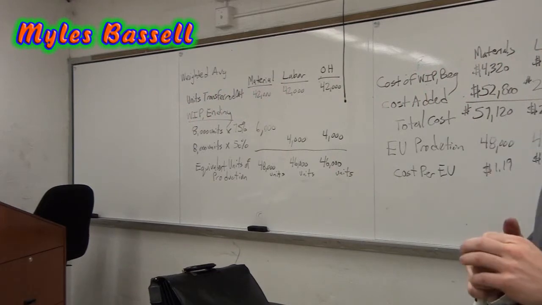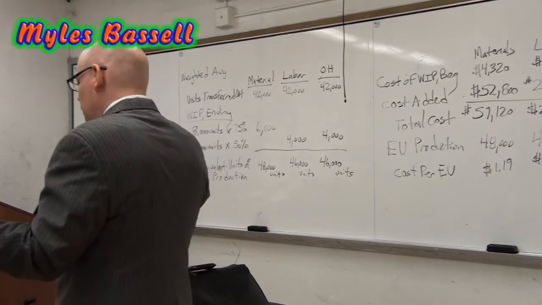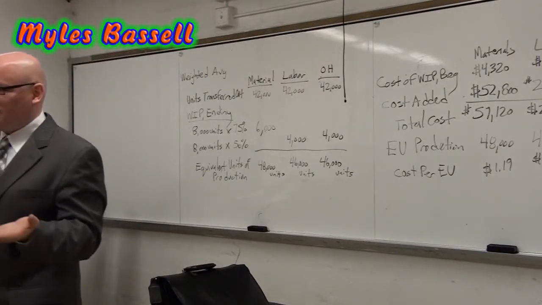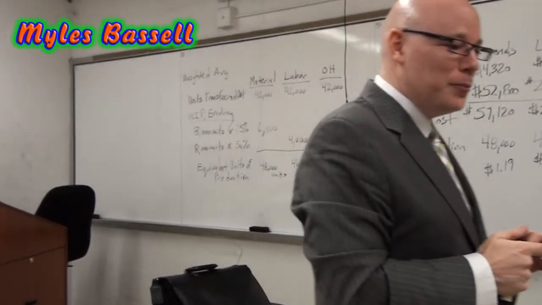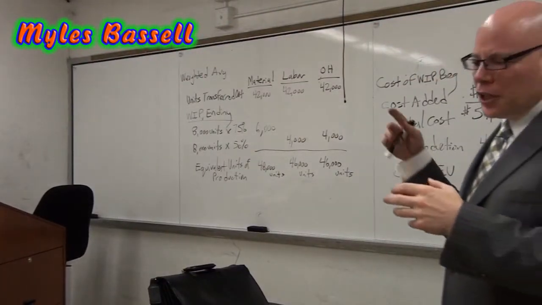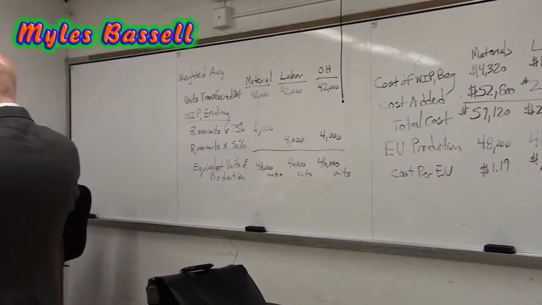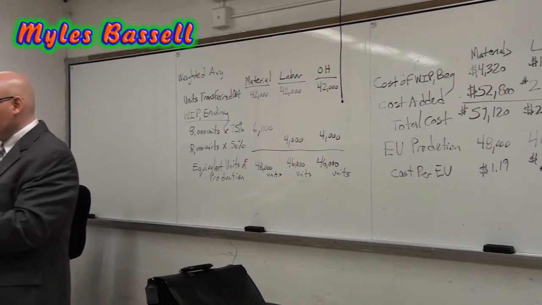So for example, to make a car, I was going to say you need to use steel, but I think cars are basically plastic now, right? So you're going to need plastic, but you're going to need other materials as well. All of those materials are what we mean when we say direct materials.